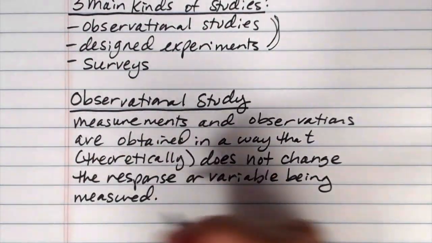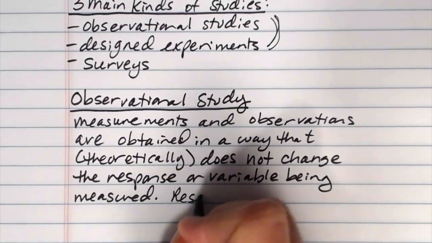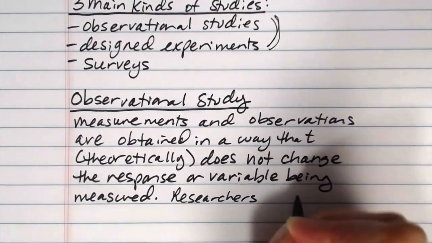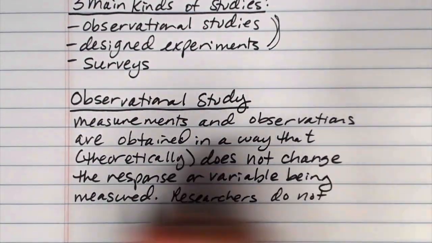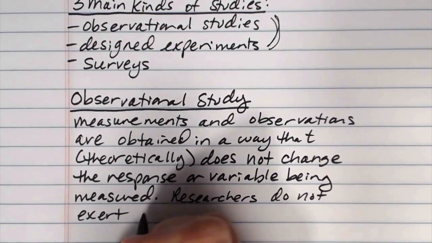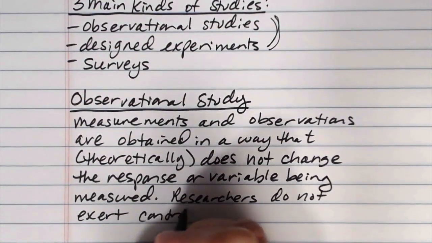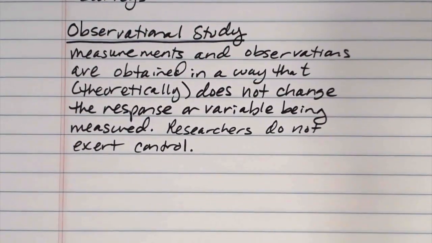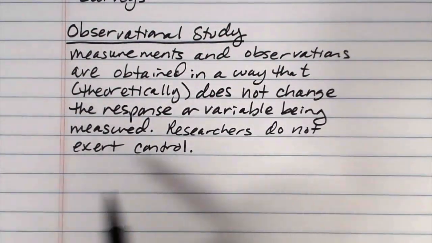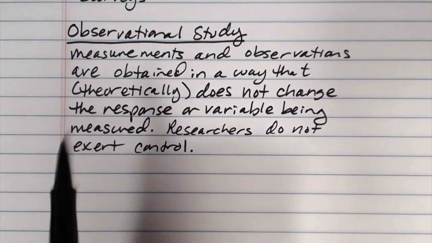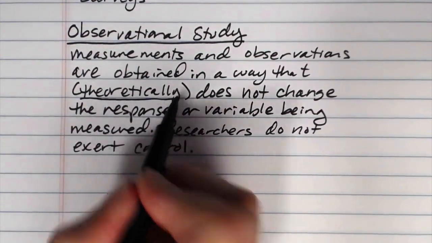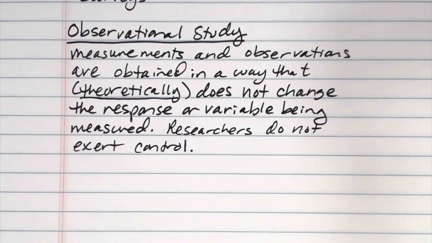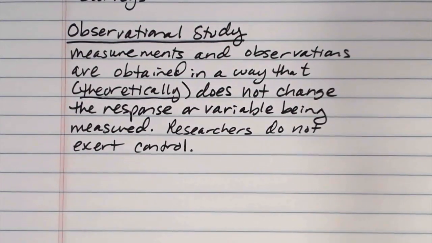And in these types of studies, the researchers do not exert any kind of control. So, a couple of things I want to mention about this definition. First of all, you'll notice that I've inserted this word theoretically here. Measurements and observations are obtained in a way that theoretically does not change the response or variable being measured.